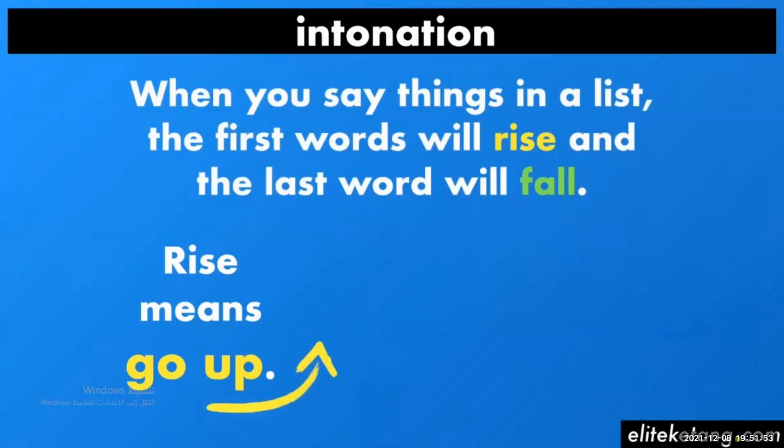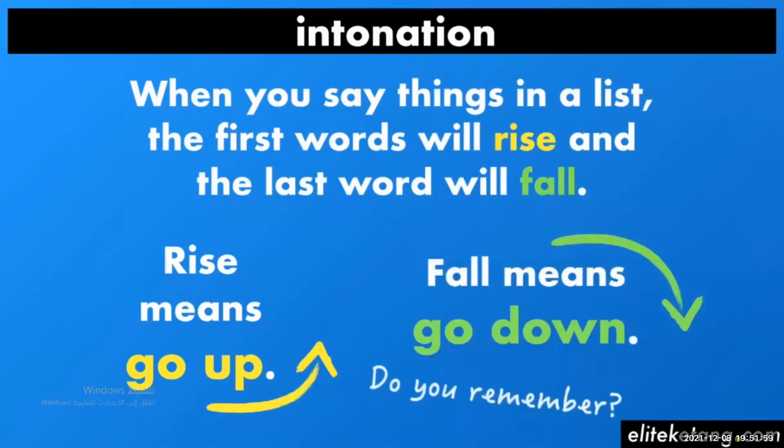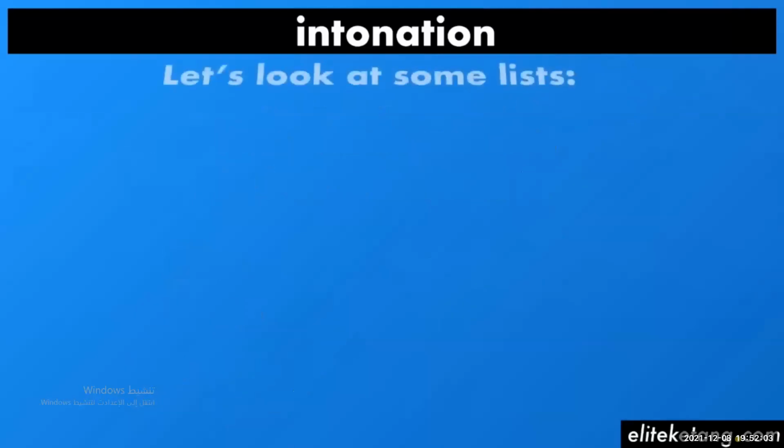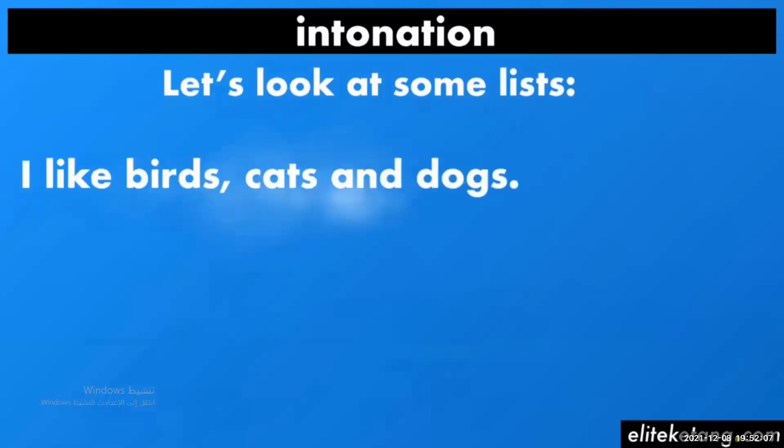Rise means go up. Fall means go down. Do you remember that? Let's look at some lists and how to say them. I like birds, cats, and dogs.